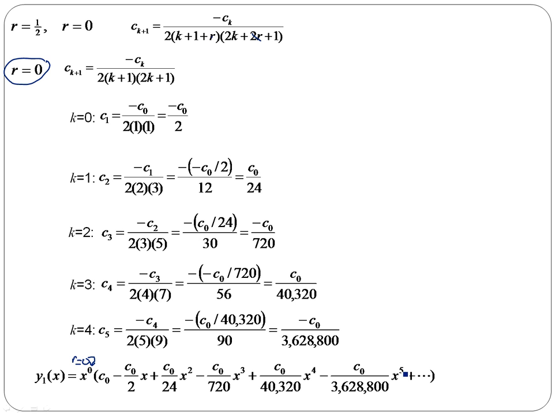You've got c0 minus c1, which is negative c0 over 2, times x, plus c2, which is c0 over 24. That's the coefficient of x squared, and so forth. And that continues on and on and on.